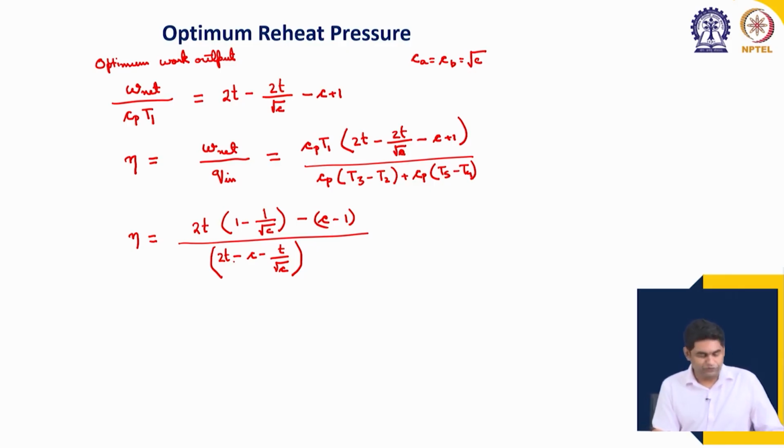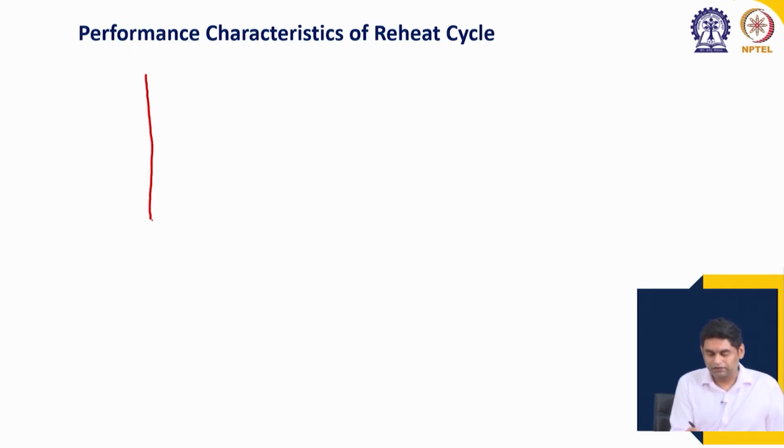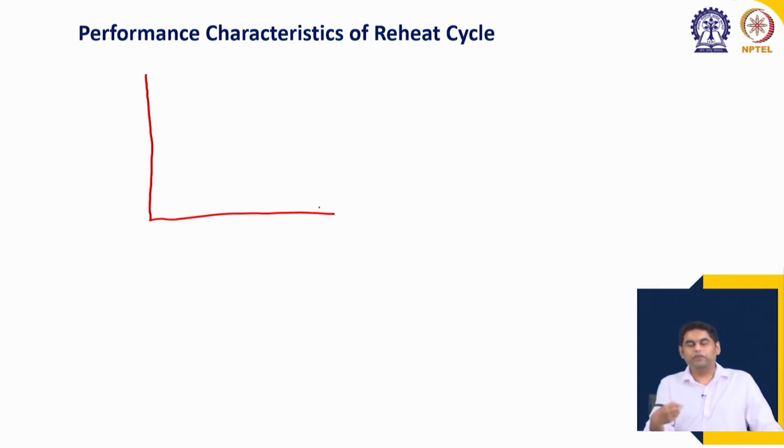Okay. So, finally, we will finish by drawing the performance characteristics. So, how does the efficiency vary? So, efficiency here, although the work output increases, but we also need more heat addition, right. So, it is seen, we can plot later on by using actual numerical values. So, here I will qualitatively compare it with standard Brayton cycle.